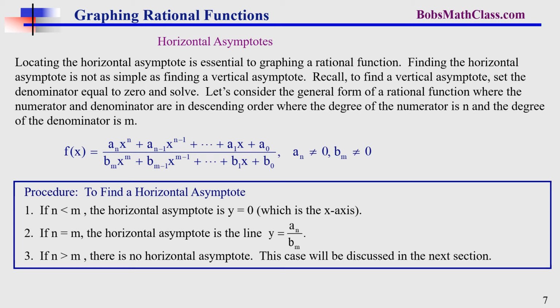So for horizontal asymptotes, we basically have 2 cases. If the exponent on top is smaller than the exponent on the bottom, it's y equals 0. If the exponent on top equals the exponent on the bottom, then it's a over b, where a and b are the leading coefficients.